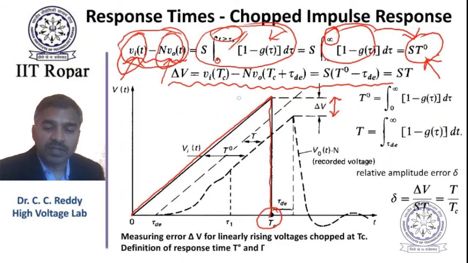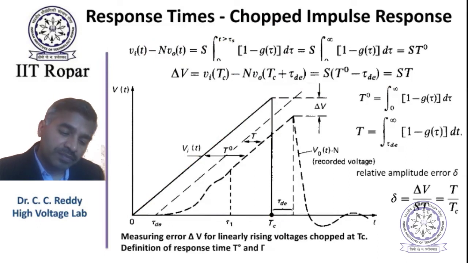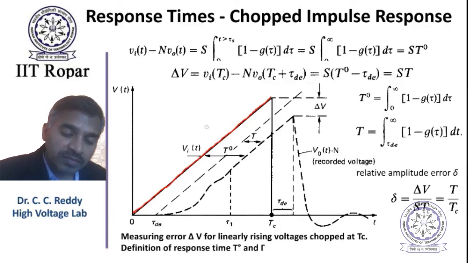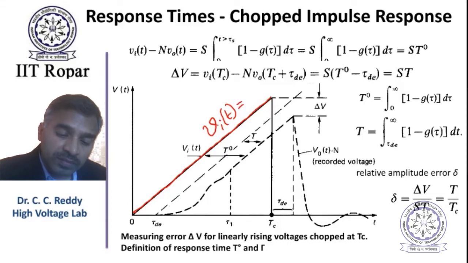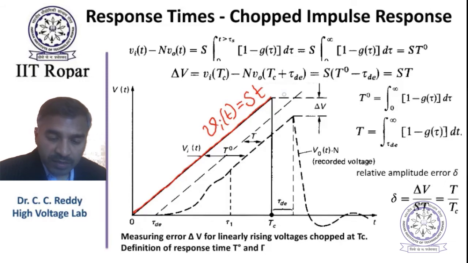It is linear in t, so slope into t. This input Vi is equal to s into small t, the input function, and it is chopped at t equals Tc.